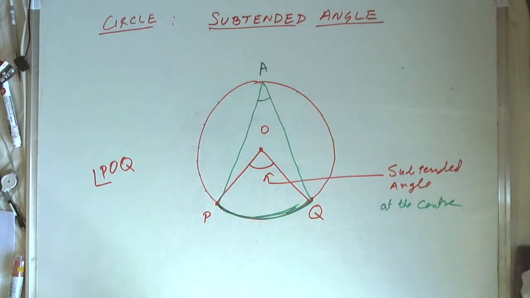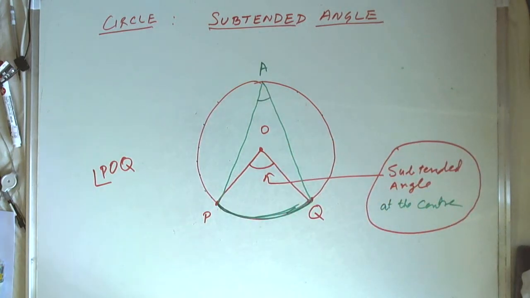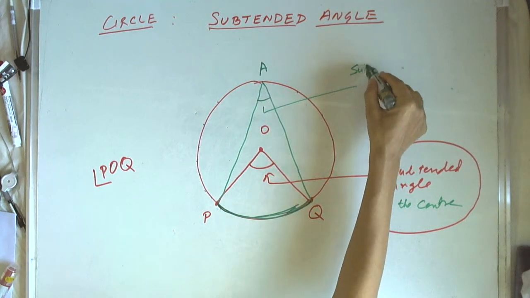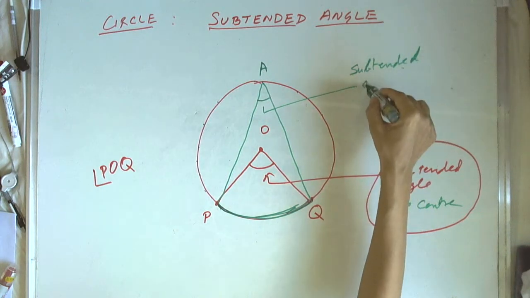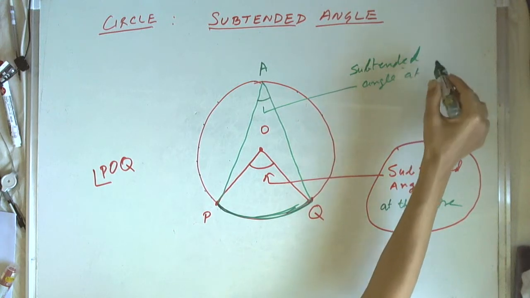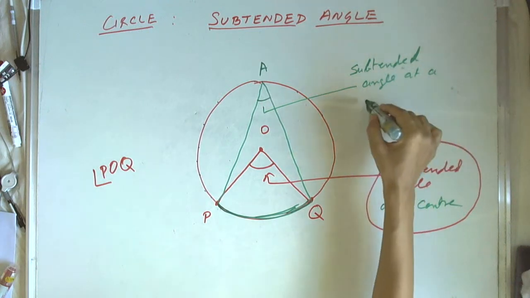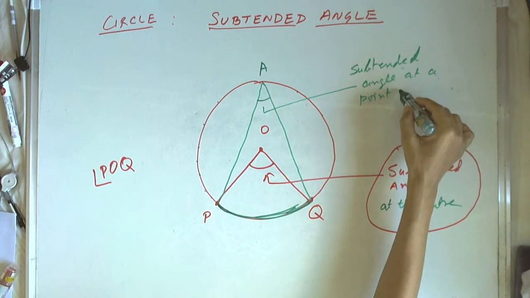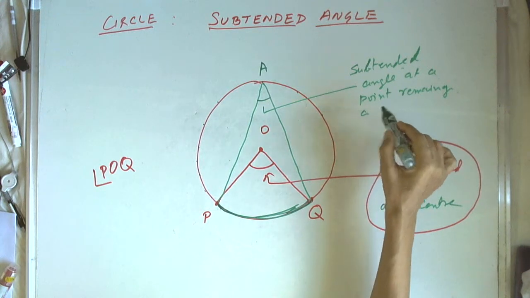And then the other angle is the subtended angle at a point on the remaining part of the circle, away from the arc.